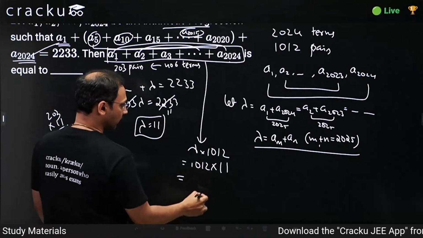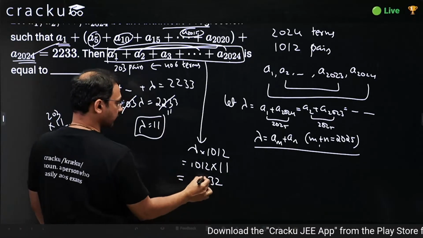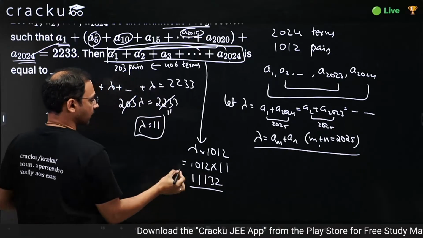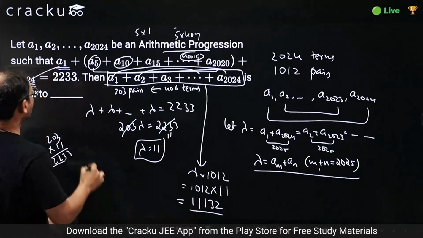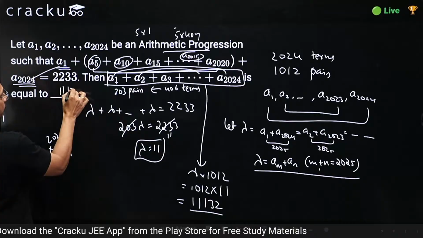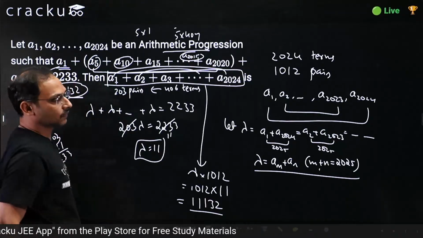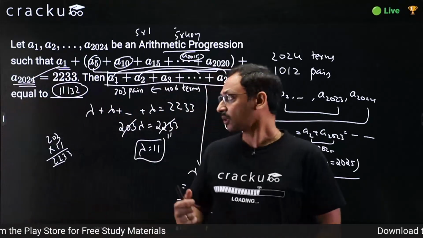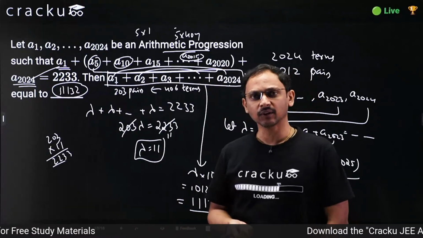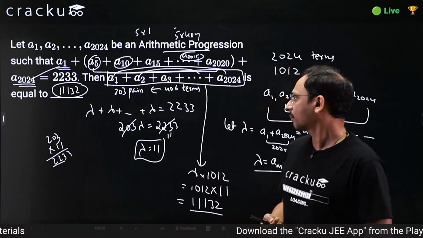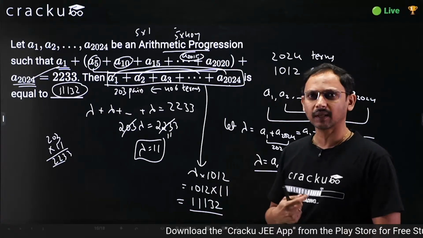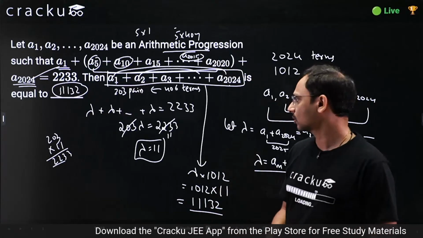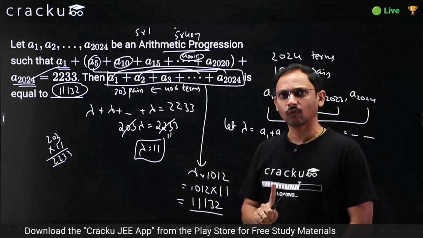When you multiply by 11, I get 11,132, which is going to be the answer for this particular problem. So as you can see, it can be done using the Sn formula as well. But if you use the symmetric property, the problem will be boiled down to a simple problem in one variable.